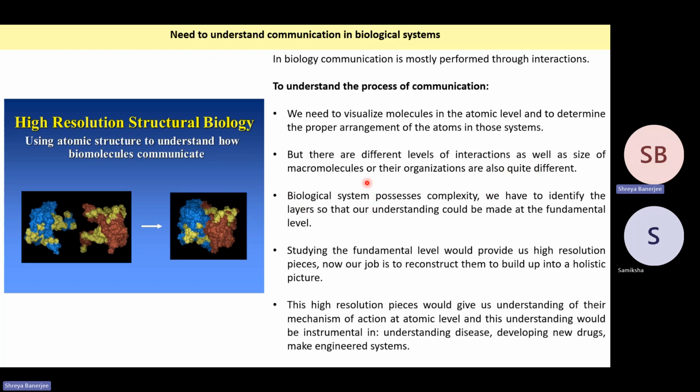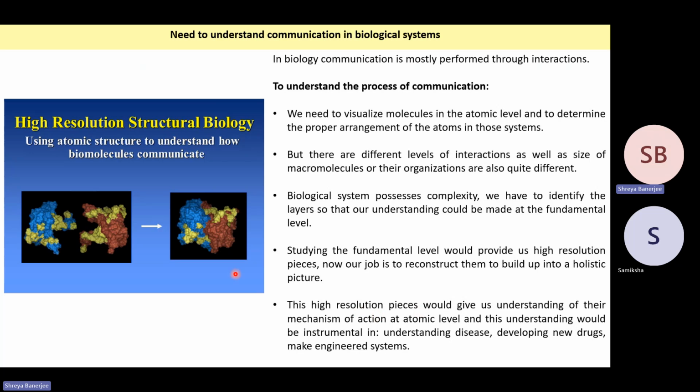So any system has complexity, and we have to identify the system to its lowest level of organization so that we can properly understand the 3D structure. So for that, a very high resolution is required, and there are several techniques in order to picture a biological molecule at high resolution.